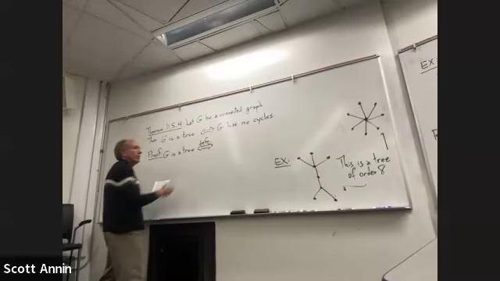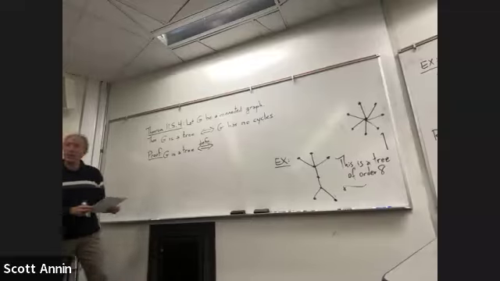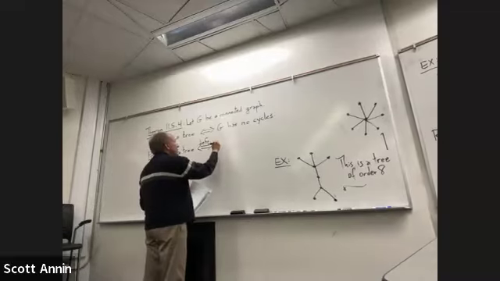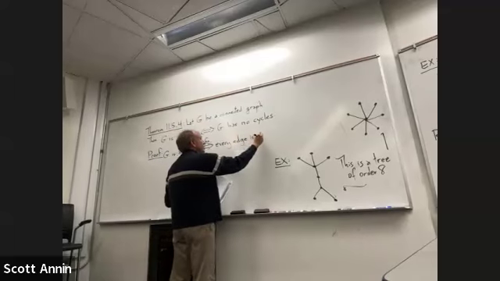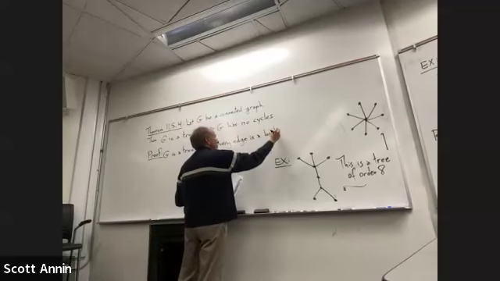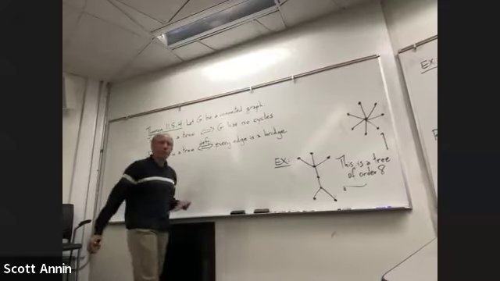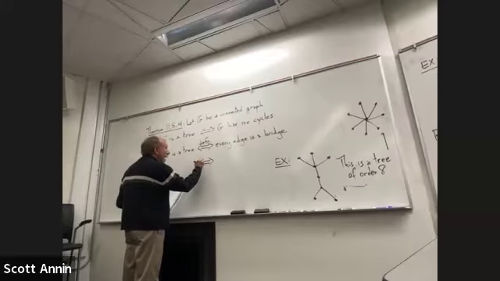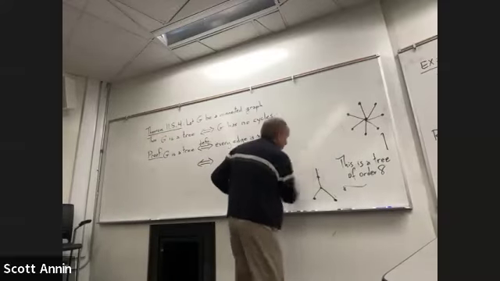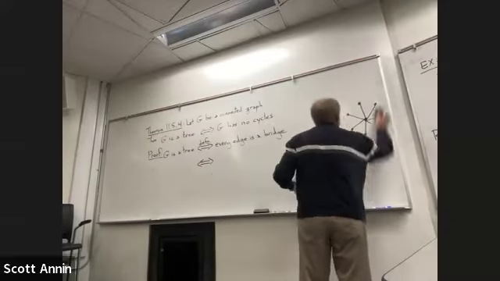The first step is basically to just write down essentially the definition, which is that every edge is a bridge. And that in turn, I guess I need to erase this so I have a little bit more space here.